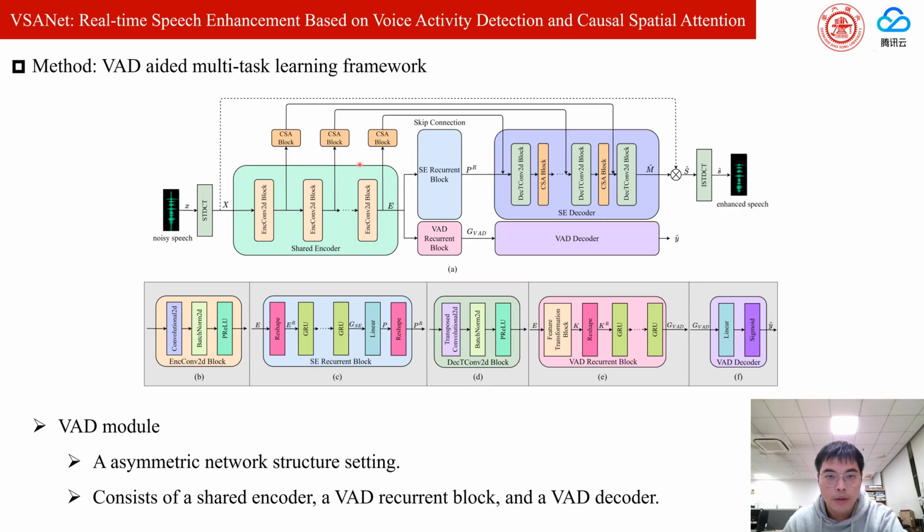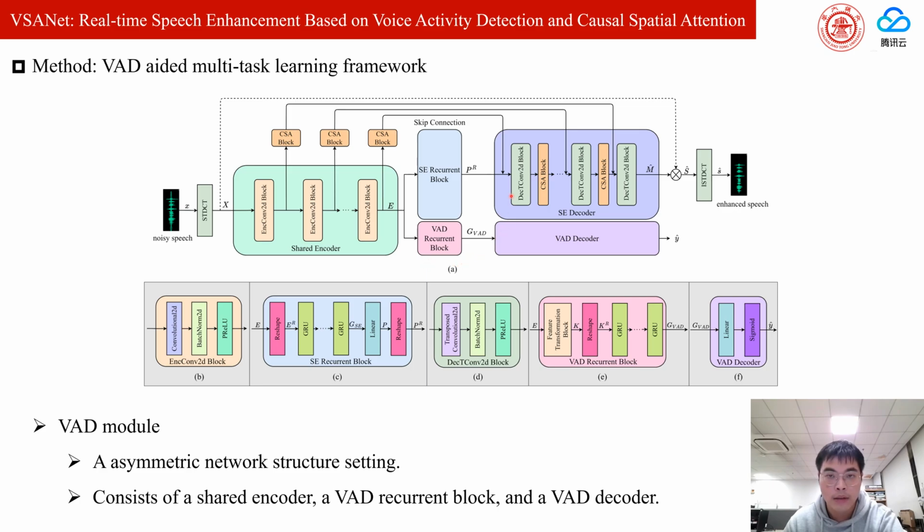In contrast to the symmetric encoder-decoder architecture of the speech enhancement module, the VAD module adopts an asymmetric setting. The VAD module shares the encoder with the speech enhancement module and also includes a VAD recurrent block and a VAD decoder.